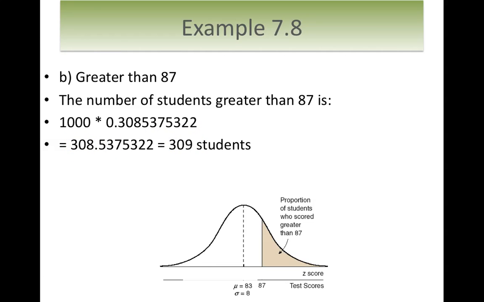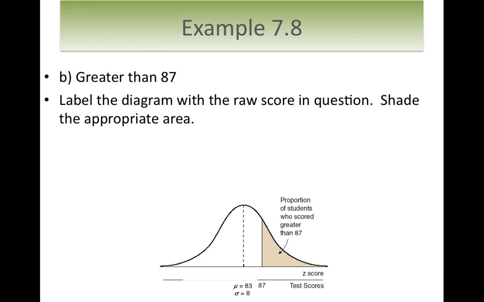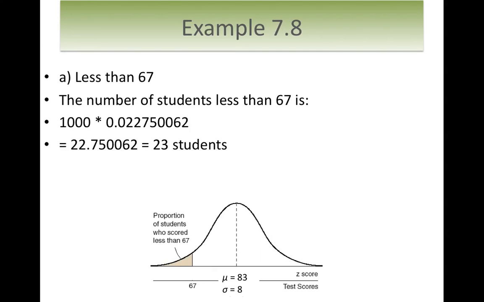Okay, round to the nearest whole number. So we have 309 students scoring more than 87, and we had 23 students scoring less than 67. Yes, 23 students scoring less than 67.